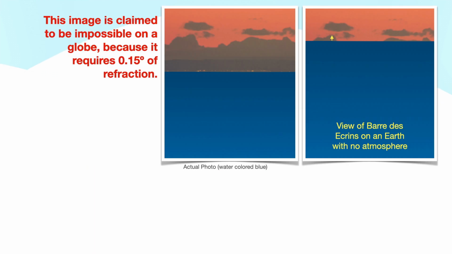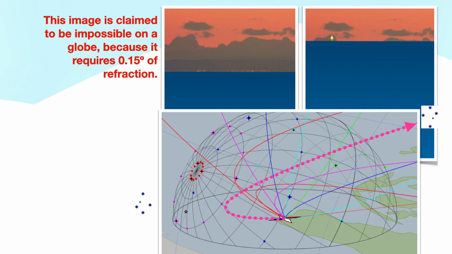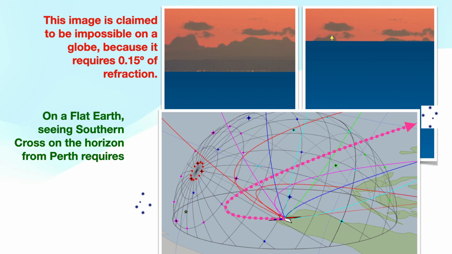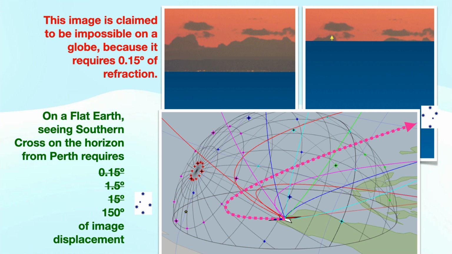Remember, the photos of mountains in Ben's video were claimed to be impossible on a globe because they required 1/500ths of a degree of refraction. Yet nothing in the flat Earth firmament or dome exists where it appears. Seeing the Southern Cross right on the horizon from Perth requires not 0.15 degrees, not 1.5 degrees, not 15 degrees, but about 150 degrees of image displacement.